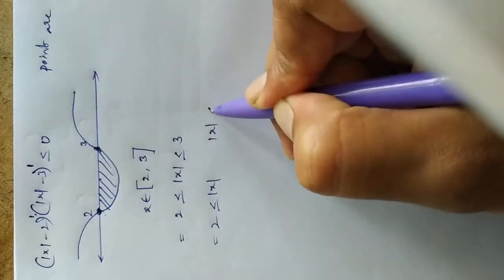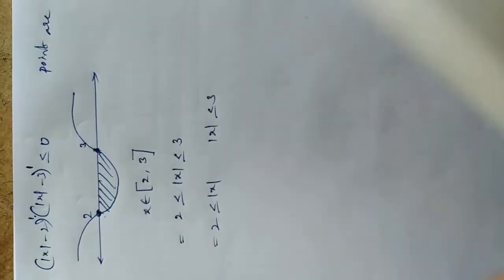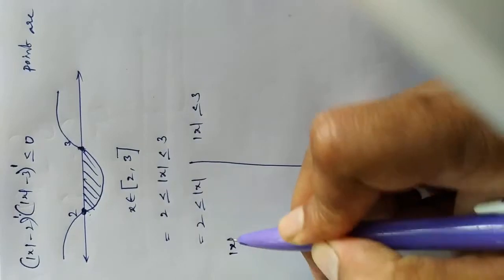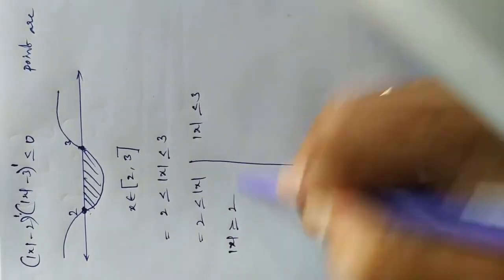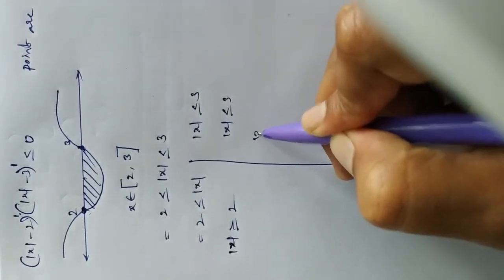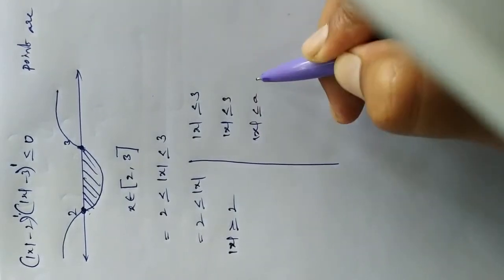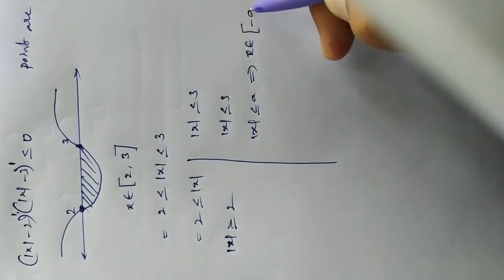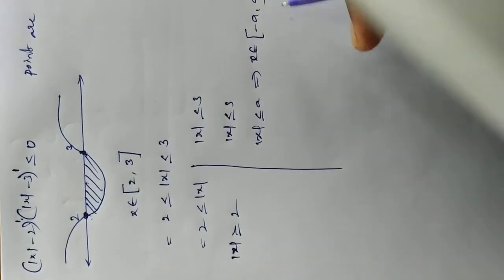Mod x is less than or equal to a means x belongs to minus a comma a.